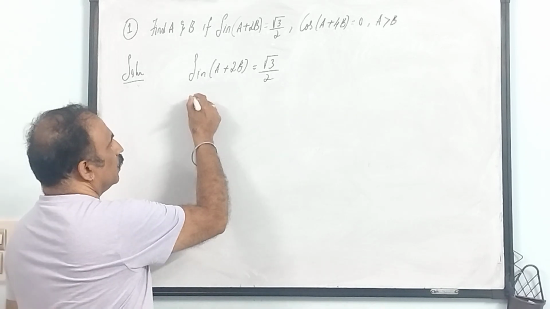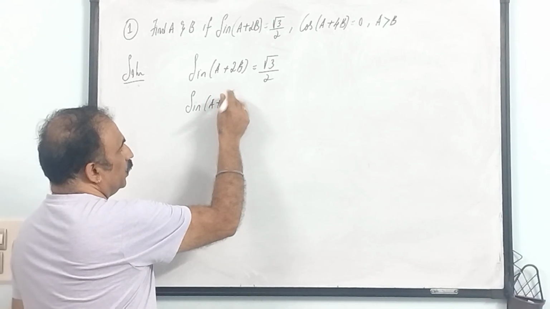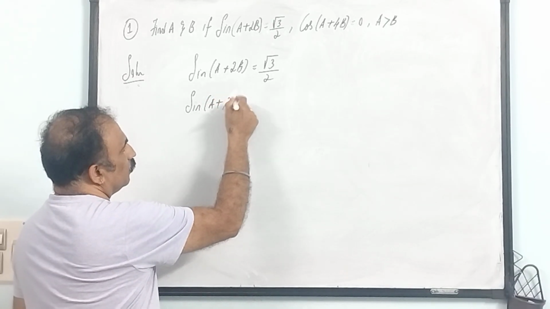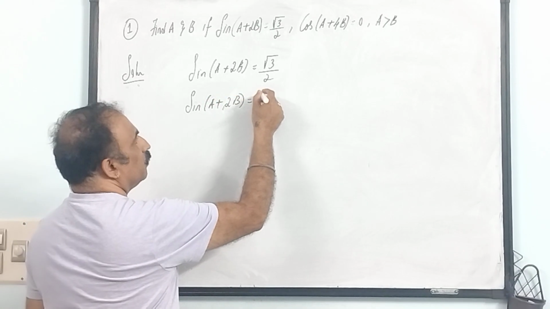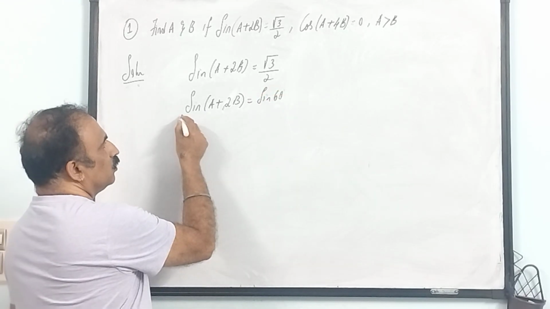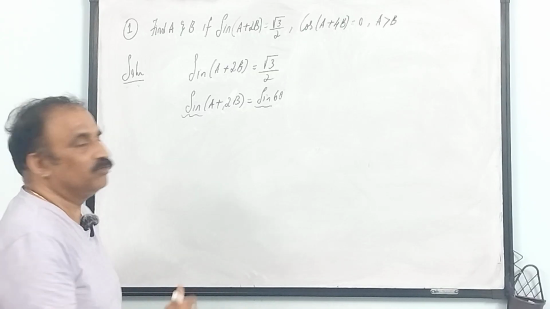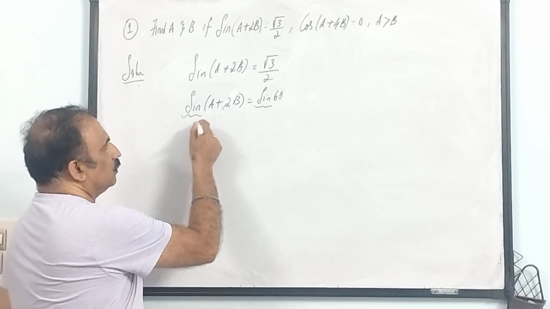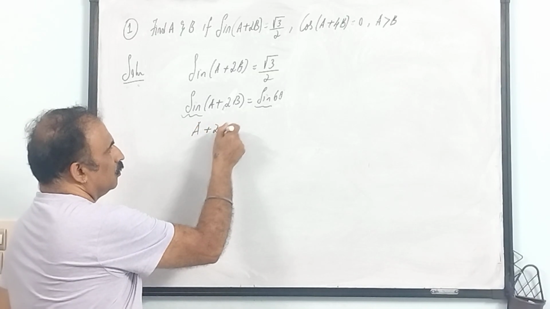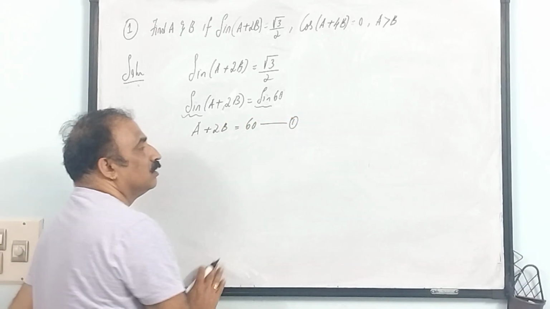So I write it as sine of A plus 2B equal to sine 60 degrees. Now you can see both sides have the same function, that is sine function. Equating those, we take A plus 2B is equal to 60 degrees. We'll keep this as first equation.